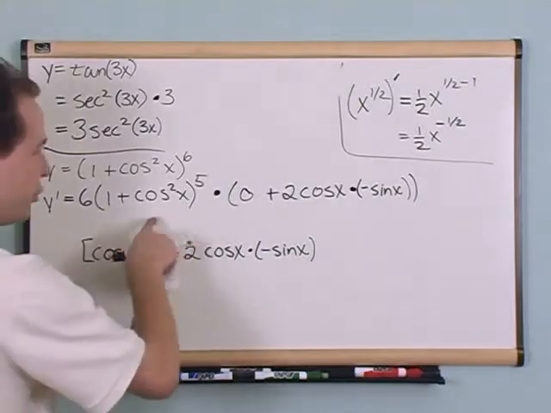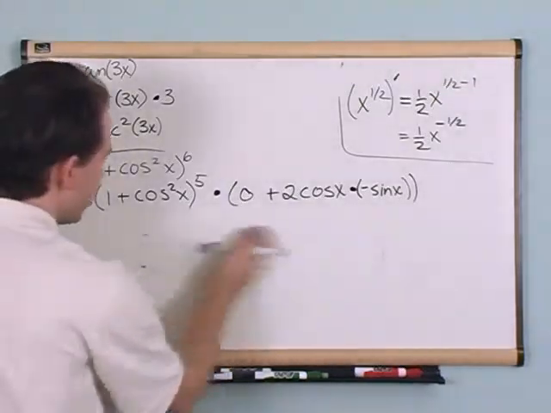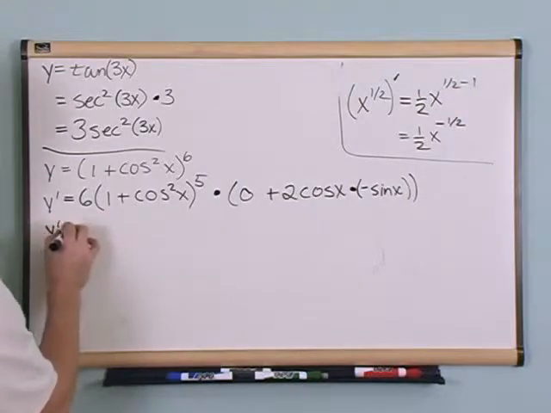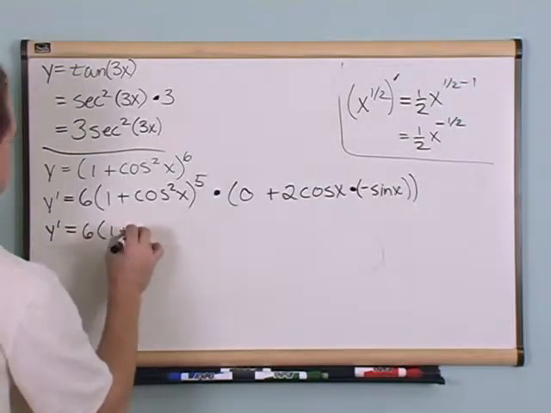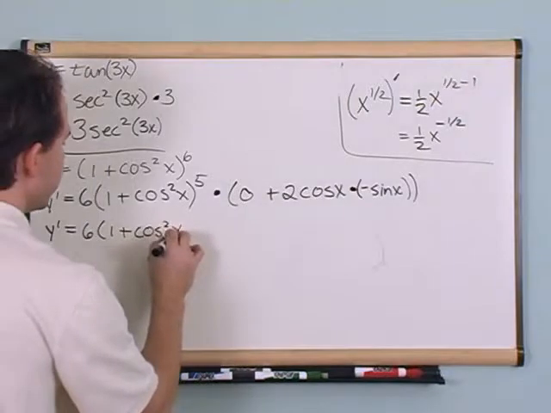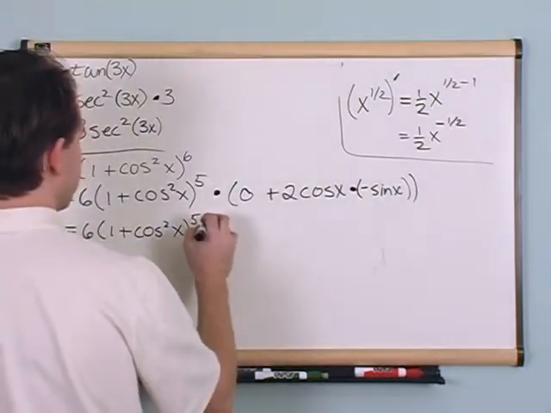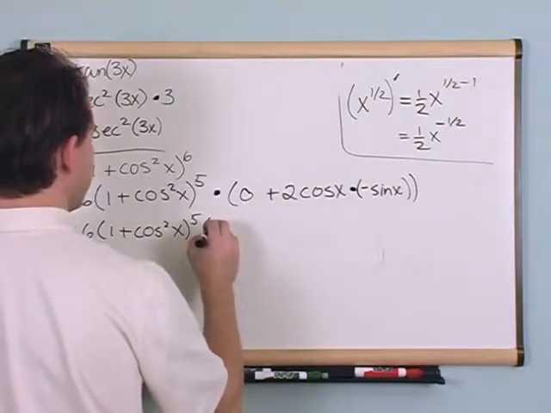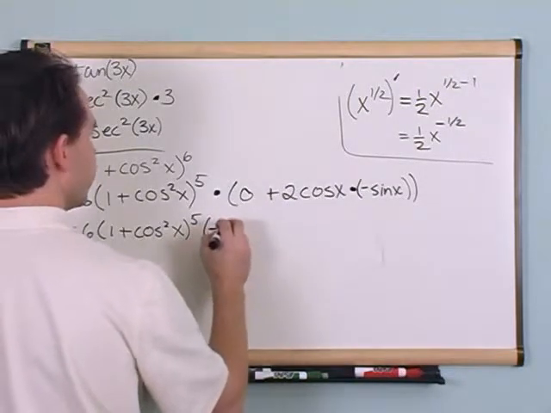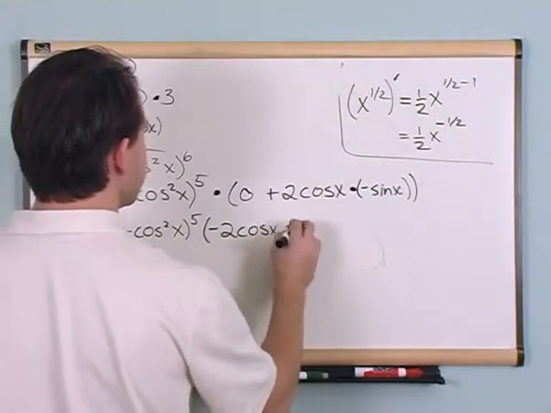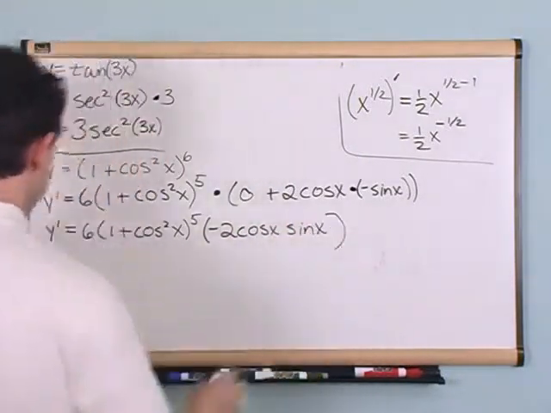Okay, so you see how you can get to where you need to use the chain rule all the time. So to simplify this, you just simply have 6 times 1 plus cosine squared of x, the 5th power, times negative 2 cosine x sine of x, like this.